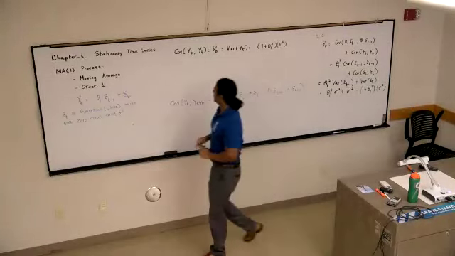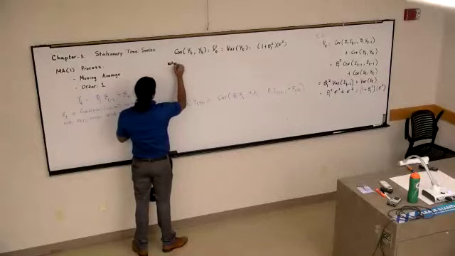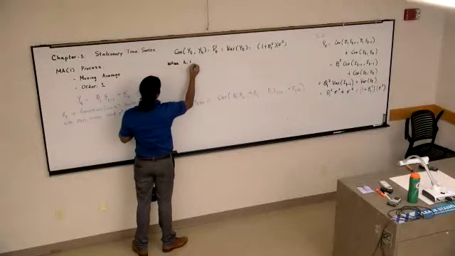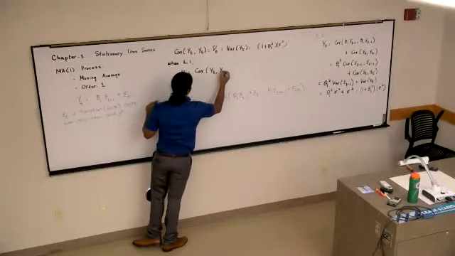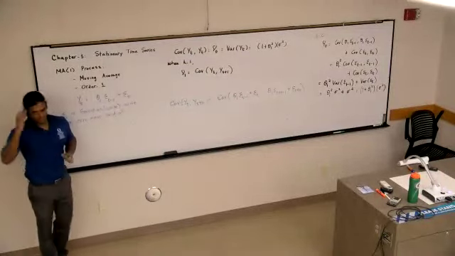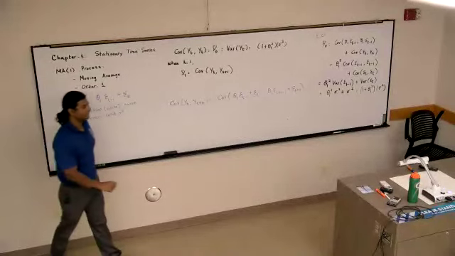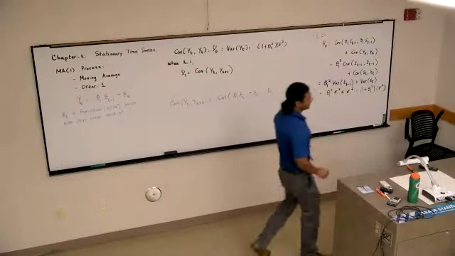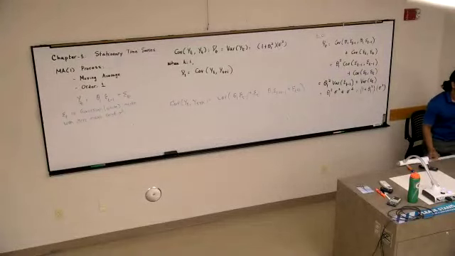And now I would like to find gamma 1, that is when h is equal to 1. Gamma 1 is simply covariance of yt, comma yt plus 1. Use the same process and tell me if you can find it.